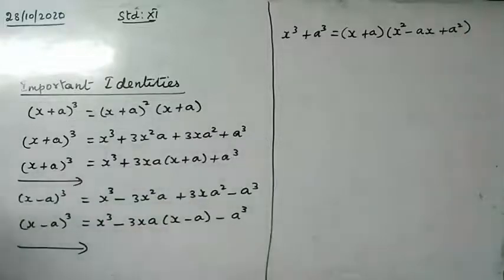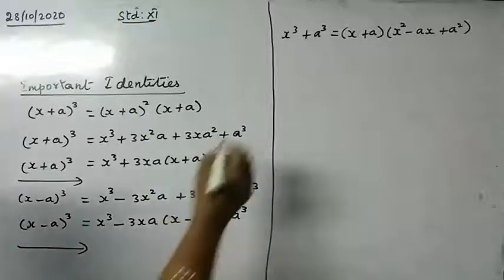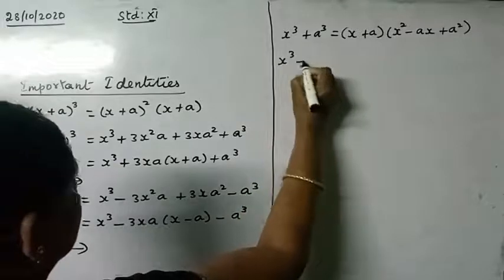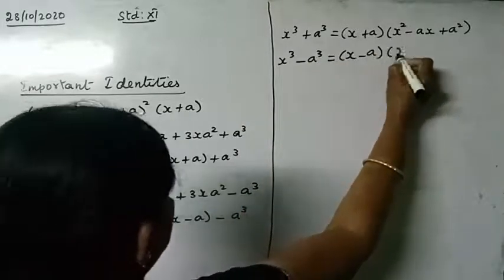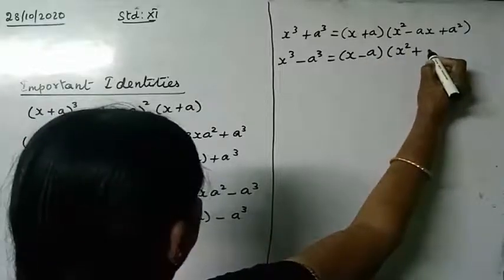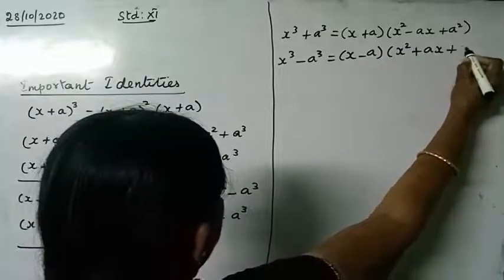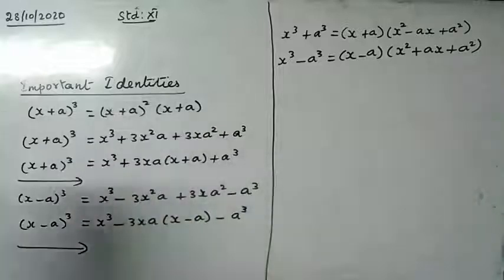So we can split this identity and write like this. And x cube minus a cube can be written as x minus a into x square plus ax plus a square. So these are the important identities.